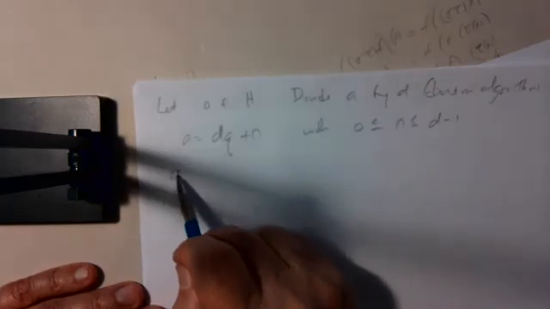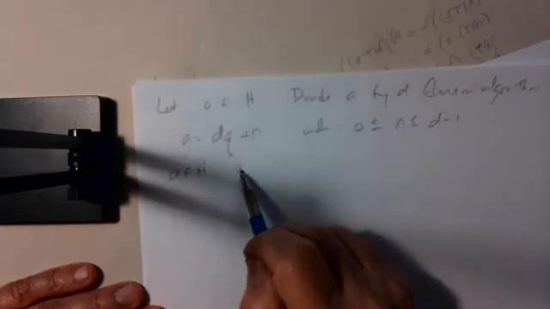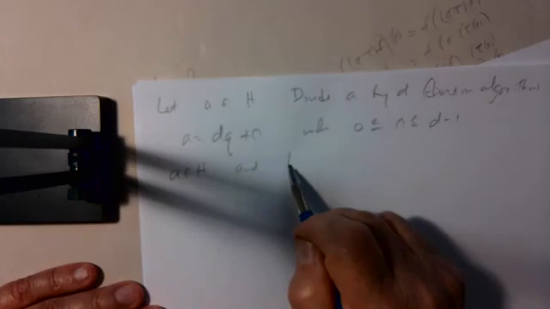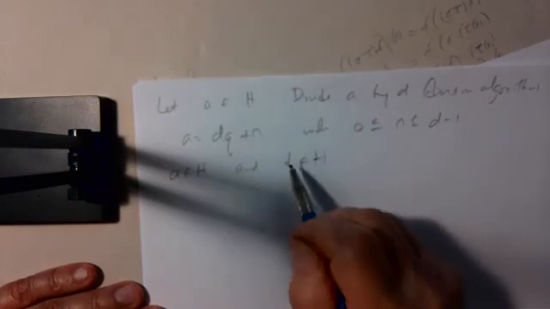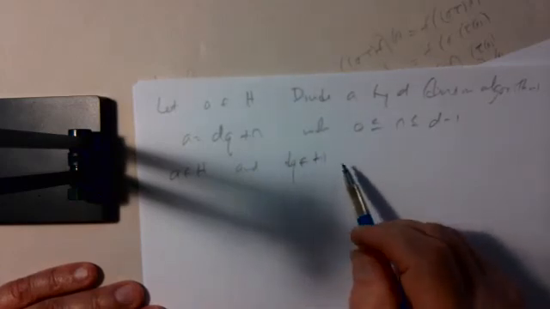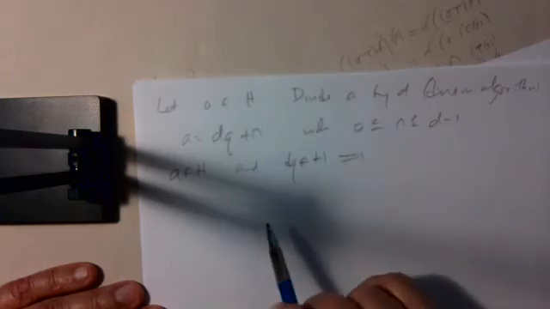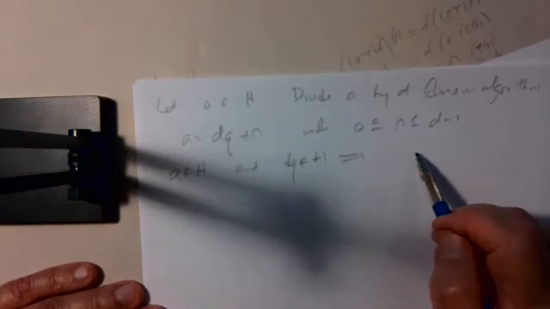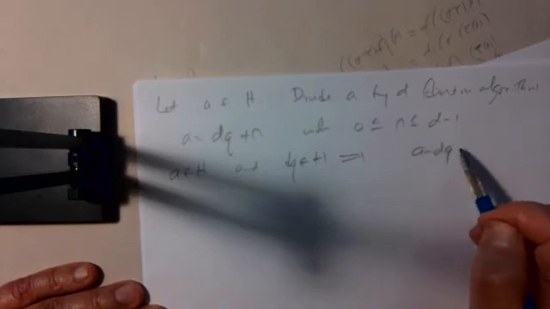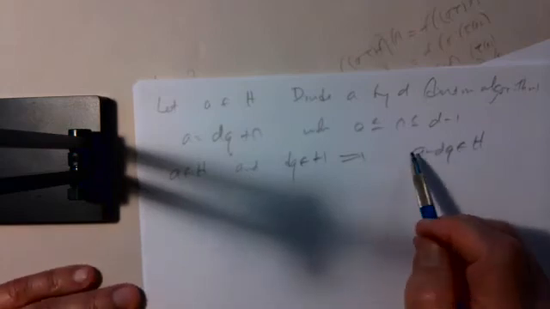So what do we know? We know A is in H and D is in H, which means DQ is in H. And H is closed under subtraction. So A minus DQ is also in H. But A minus DQ is equal to R. So what do we have?